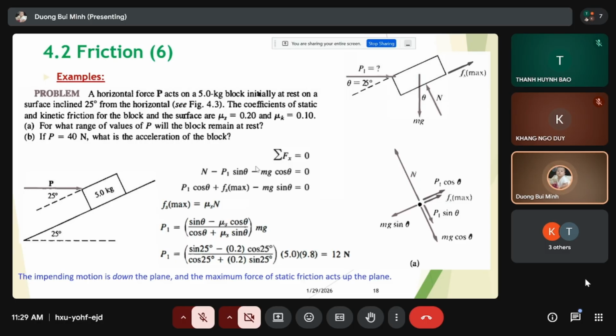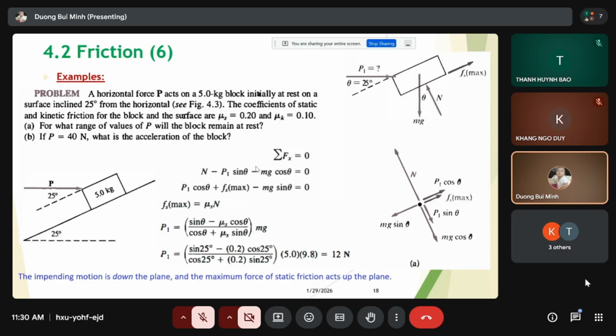You just replace into here, right? We have mg sine theta minus B1 cosine theta. I forgot because we have B1 here. So minus mu s B1 sine theta minus mu s mg cosine theta is 0.